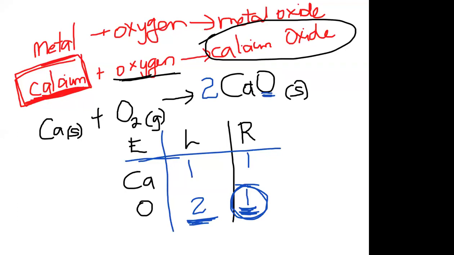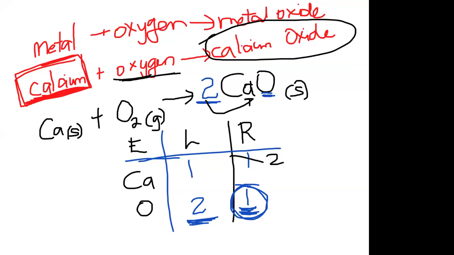My answer is 2, so I put the 2 in front of the calcium oxide. Is that clear? Yes, miss. This 2 will multiply by everything I have in the formula. So 2 times 1 calcium gives me 2. Clear?